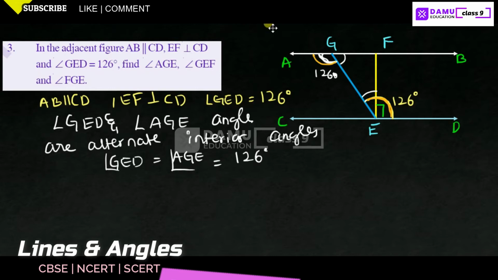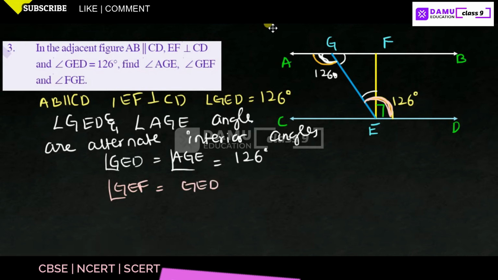And one more thing: from 126 degrees we are going to subtract angle FEG. Angle GEF will be equal to the subtraction of angle GED minus angle FED.